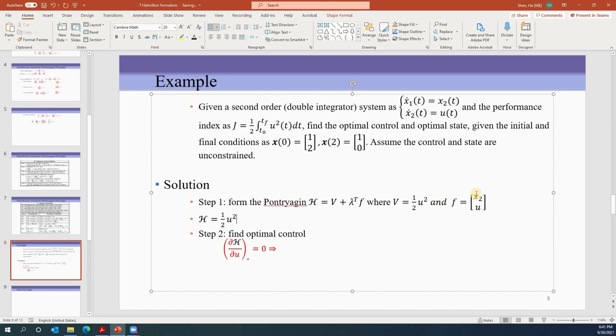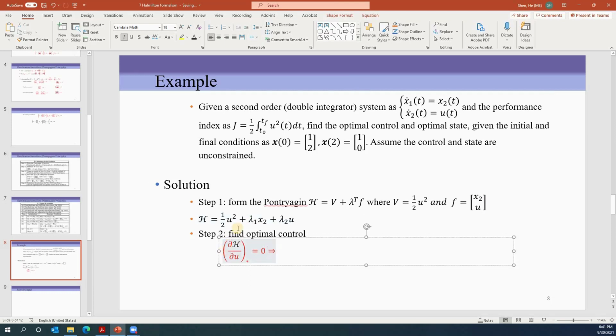So plus lambda 1 times x2 plus lambda 2 times u. Now we can find the optimal control. Partial h over partial u gives us u plus lambda 2 is equal to 0. So we find the optimal control u is equal to negative lambda 2.